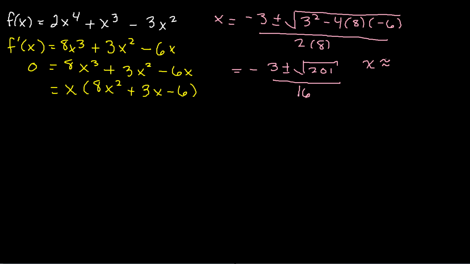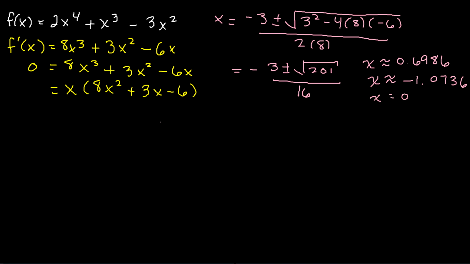This is my favorite math symbol. I call it the ish symbol. It's actually called approximately equal. x is approximately 0.6986, and x is also approximately negative 1.0736. Also, obviously, x will have to be equal to 0.